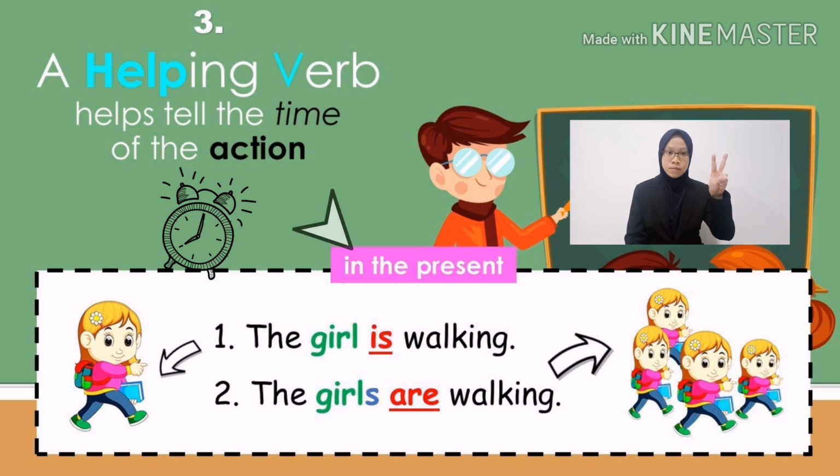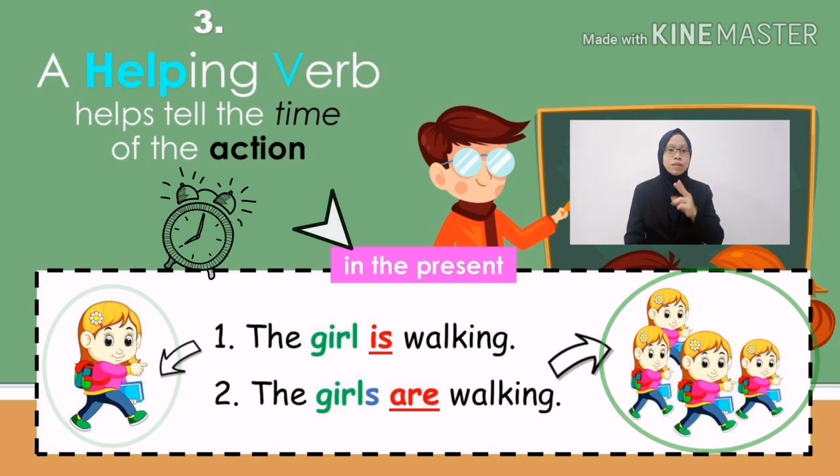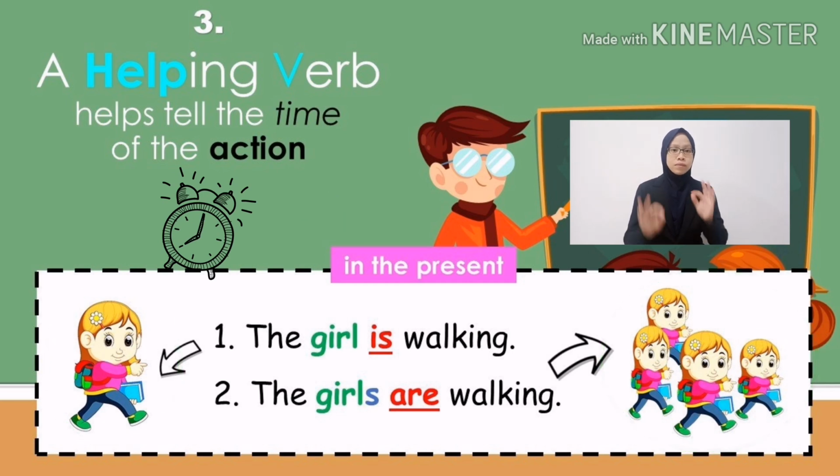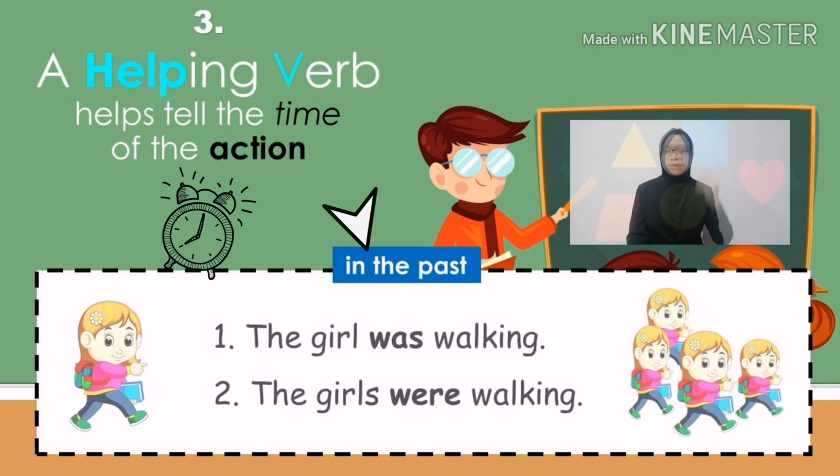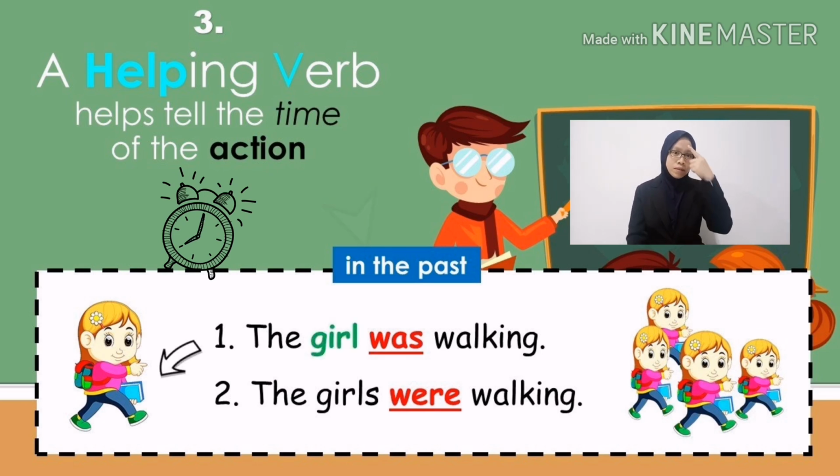Similar to linking verbs, is used for a singular subject and are for a plural subject. If the action was happening in the past, we say the girl was walking for a singular subject, while the girls were walking for a plural subject.